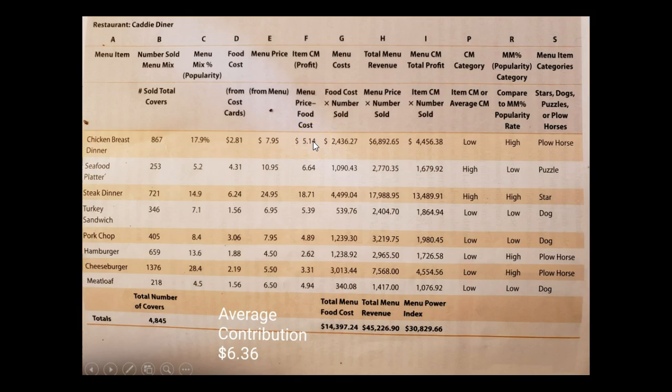And then you times that by how many sold. So your total menu cost is the $2,400 here. But then from what you sold right here, you take the 867 times the 7.95, which is what we have here. Why does my mouse keep disappearing? And then here's your total profit, your total contribution margin right here.